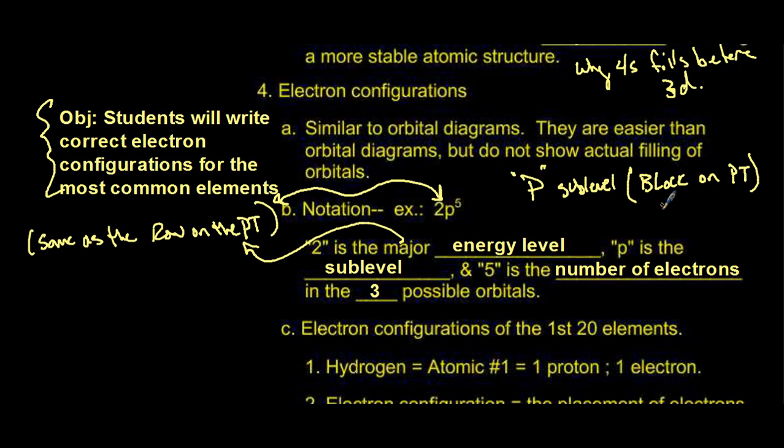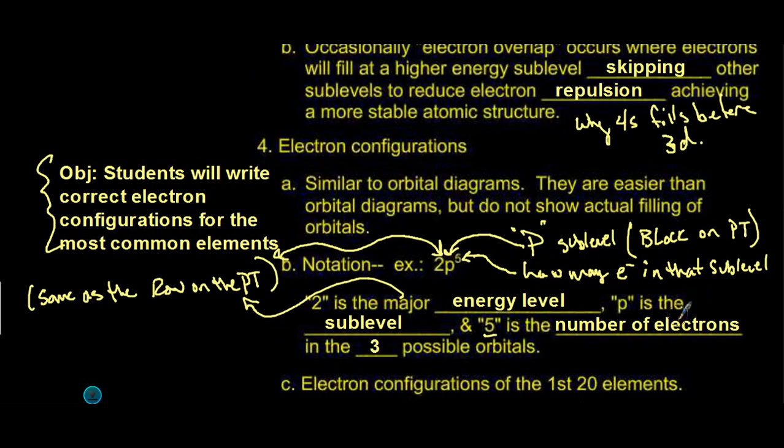However, it's which major rectangular portion on the periodic table that element, or that particular electron, belongs to. And then the 5 is the number of electrons in that sublevel.